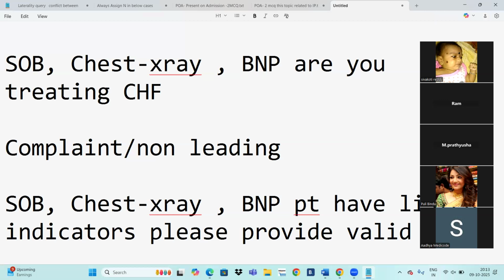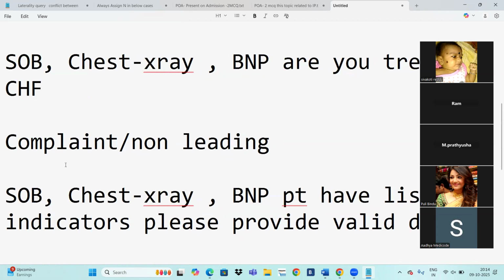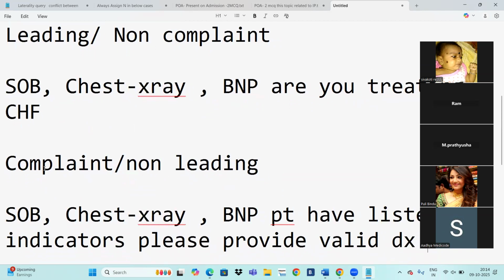So what is the meaning of leading? You are directly leading to the particular condition. It should be leading or non-compliant. If you are unable to lead based on the indicators, and we are unable to find the exact diagnosis these indicators support, we are asking the provider about the condition.